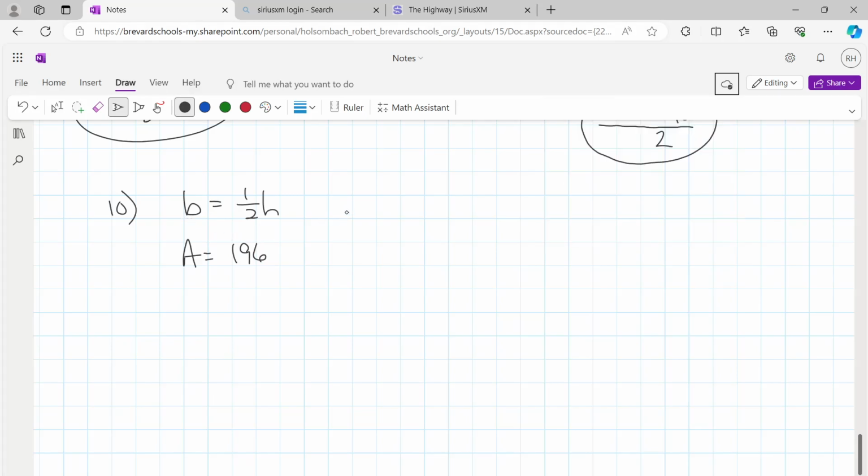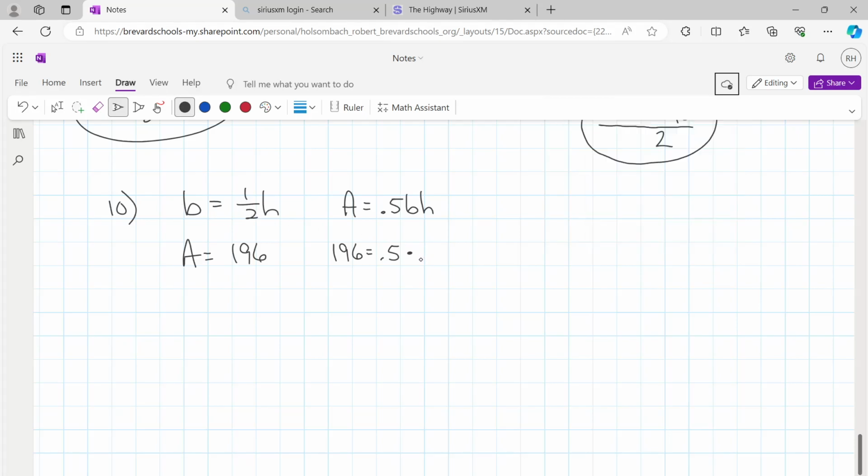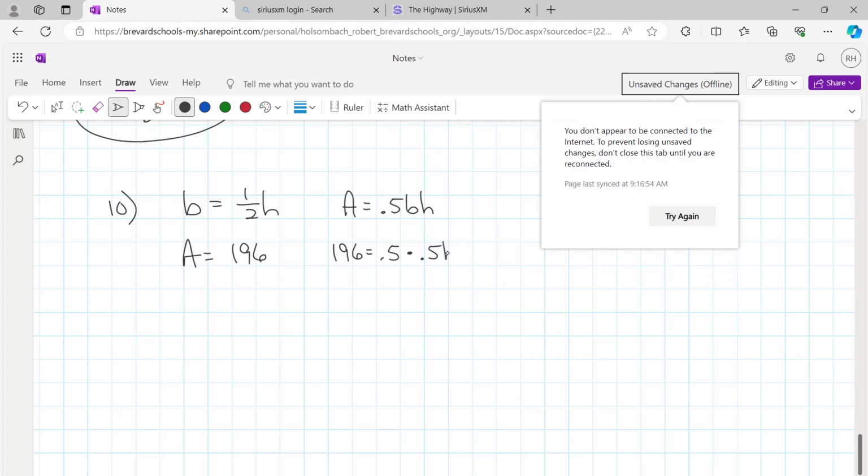All right, so the area of a triangle equals 0.5 times base times height. So we're going to start substituting again. Our A is 196 equals 0.5 times our base, which is half the height, or 0.5h, times our height, which is our h.